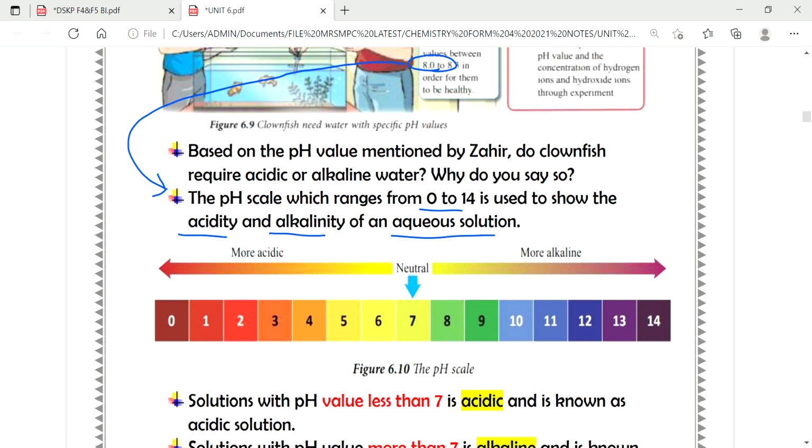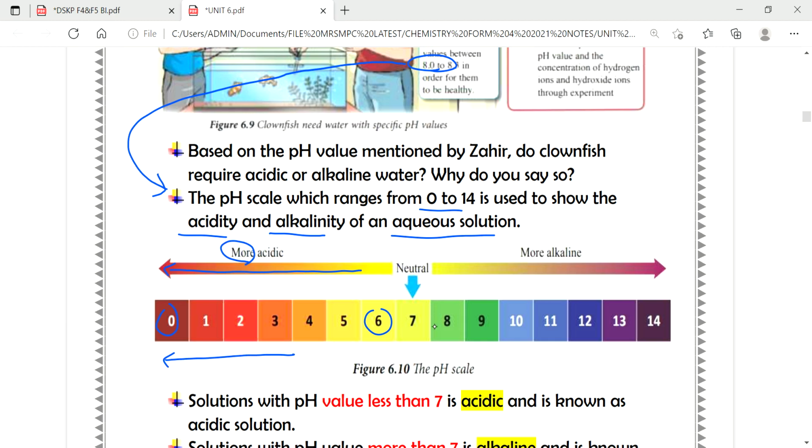Okay, for acidic solutions, the range is between 0 to 6. 0 until 6, yeah? But look at the arrow here, it goes to the left side, meaning that the lower the pH value, the more acidic the solution. Look, as the pH number gets smaller, the solution becomes more acidic.